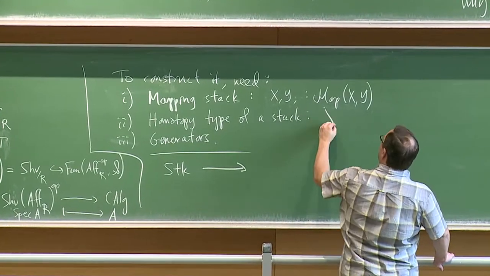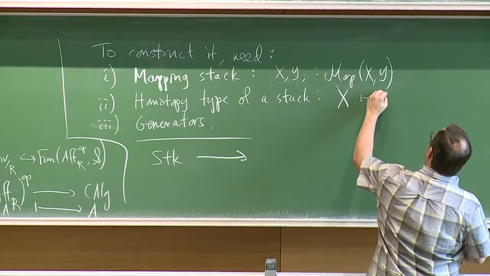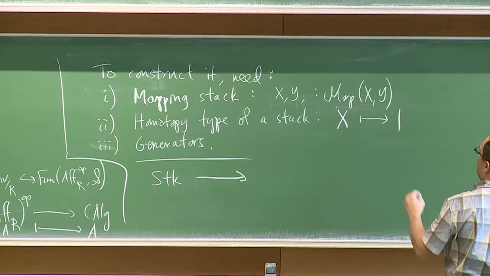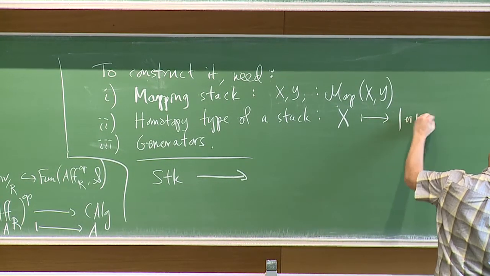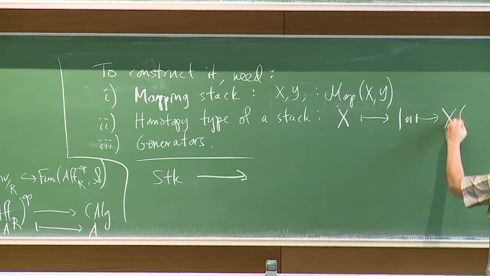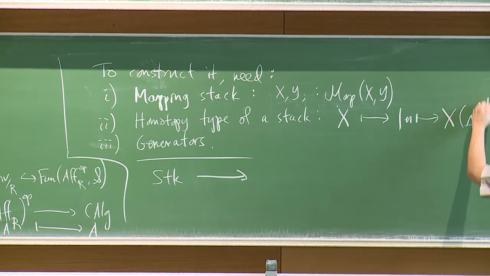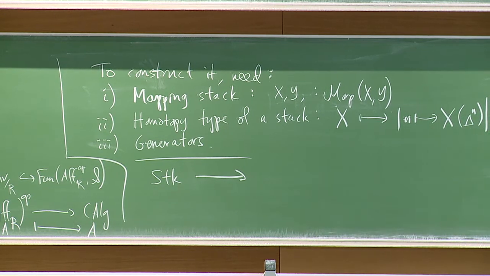If I have a stack x, I have its homotopy type, which is the realization of this simplicial groupoid. I can take x, evaluate it on the spaces delta n, and geometrically realize.